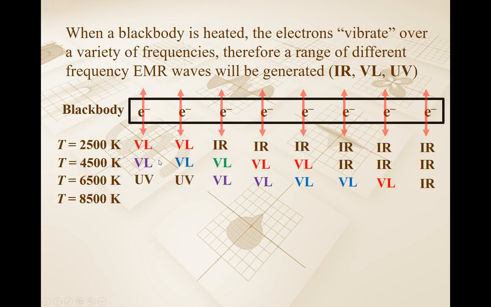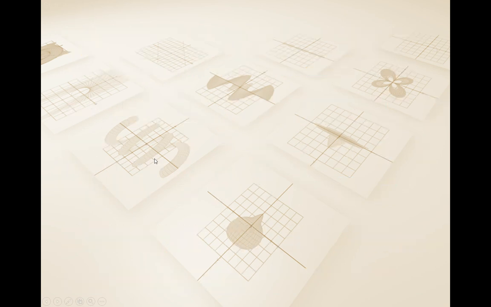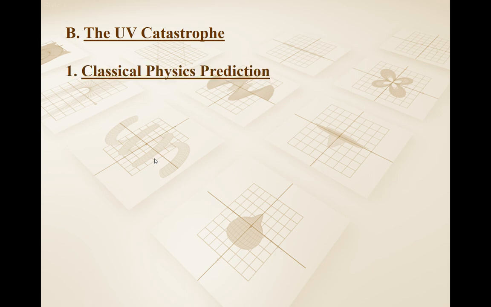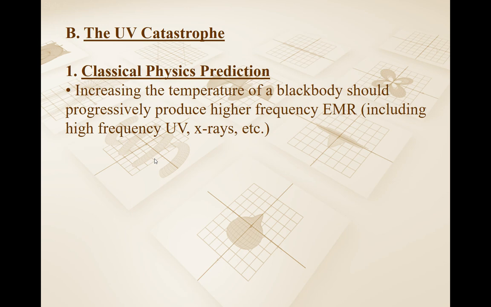Okay, so let's go back to this now. This is what physicists call the UV catastrophe. Classical physics tells us that if we increase the temperature of a black body, then we should progressively keep producing higher frequency EMR.